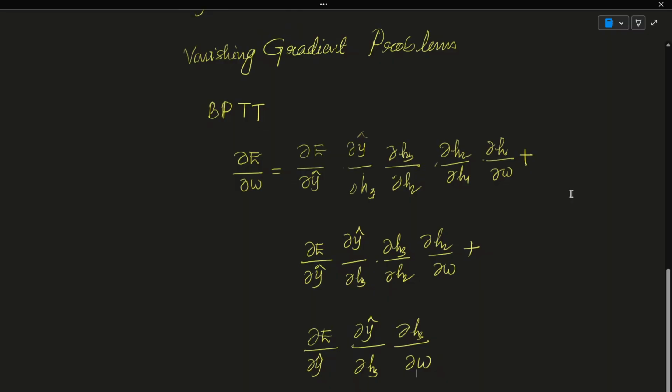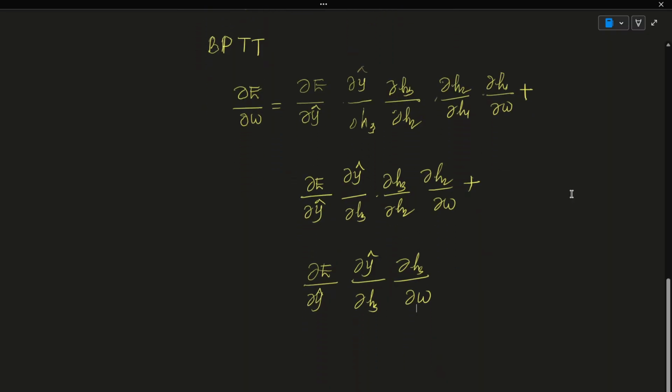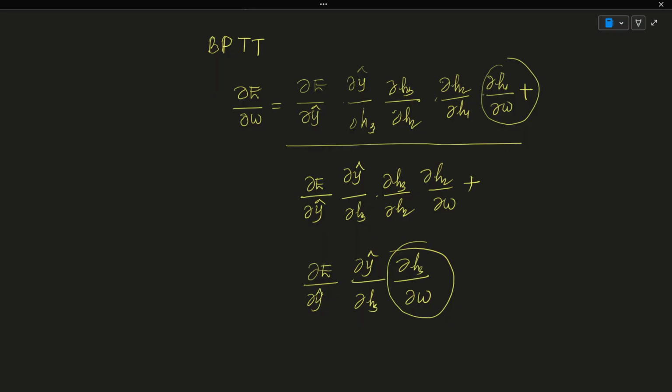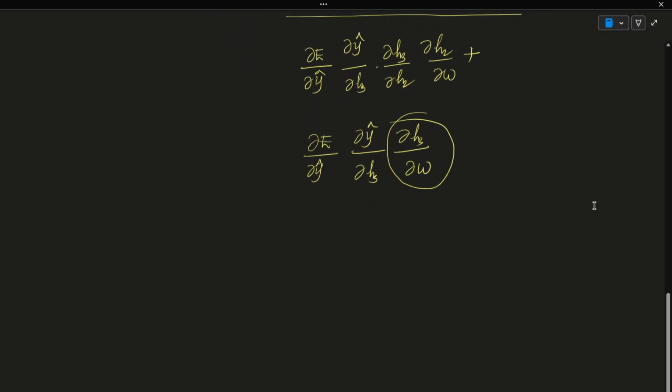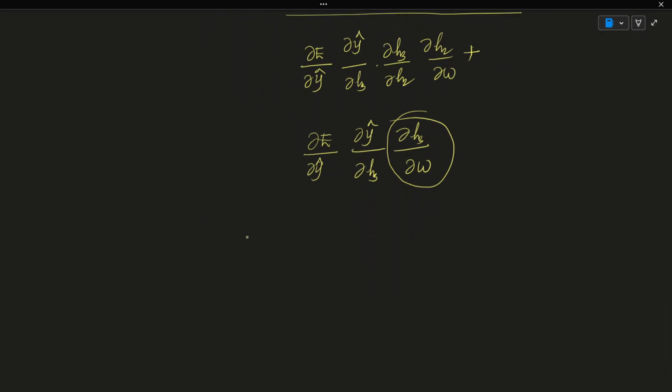From this equation, it is very evident that when you have long terms, long gradients, this is your recent one and this is your old one, then it is very difficult to compute these things. Now this is the 3-word gradient. Suppose you have a 100-word architecture.